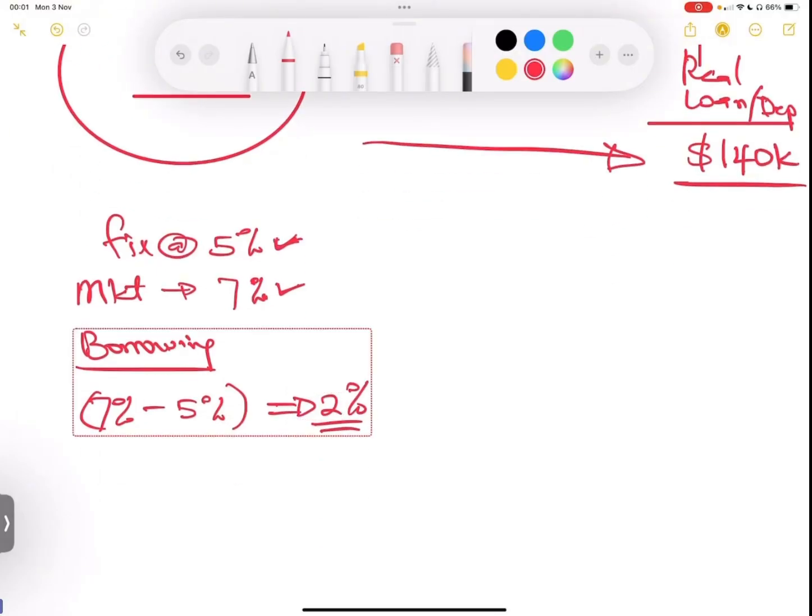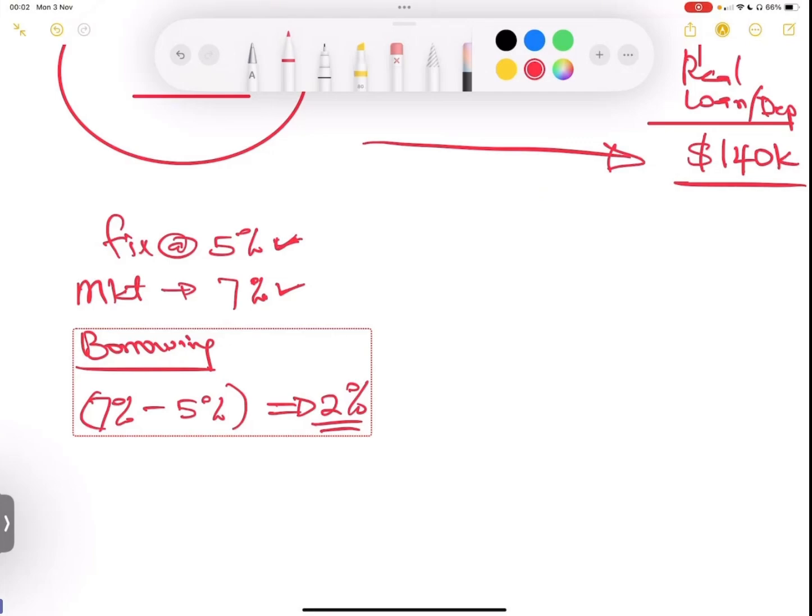But how much does this 2% come to? Remember, rate is always annual, except when it is explicitly stated that it's a quarterly rate. Once it's not stated like that, you have to assume that it's annual.